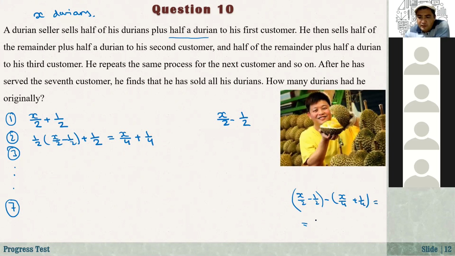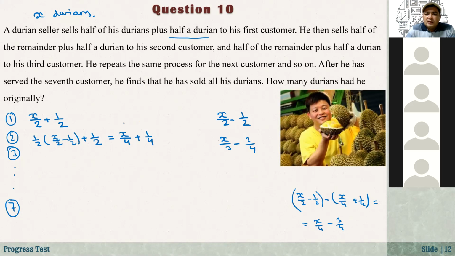So here now we have x over 4 minus 1 over 2 minus 1 over 4. That's equal to minus 3 over 4. So now here we have x over 4 minus 3 over 4 durians left. All right. Now I can write one more time.